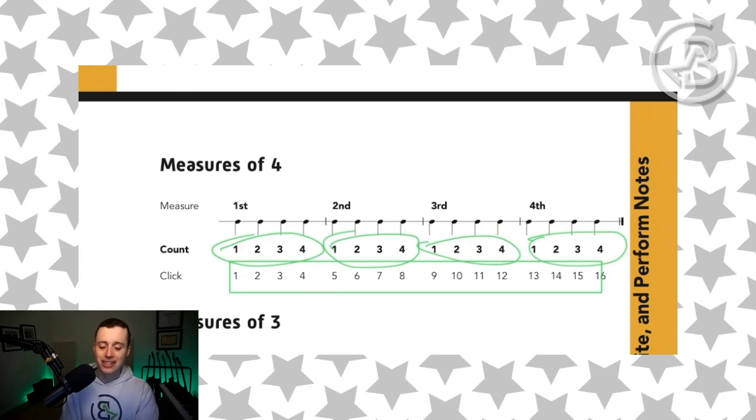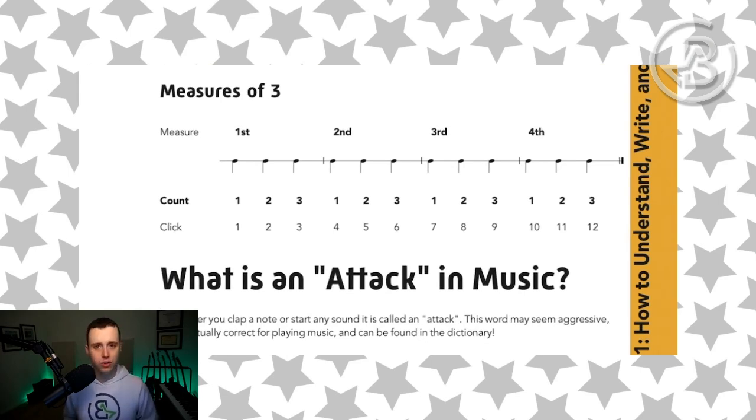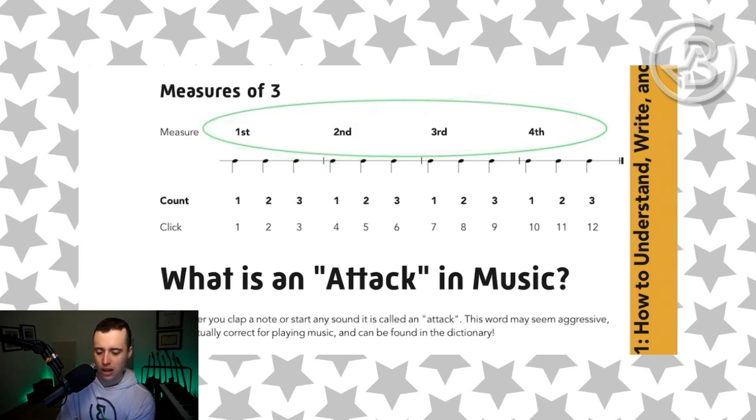Now we can see the same pattern show up in measures of 3. The only difference is that there are not 4 quarter notes in each measure. There are 3 quarter notes in each measure. But everything's working exactly the same. There are 4 measures, there is a final bar line, there are bar lines in between each measure, and the first measure does not have a bar line to the left of it.